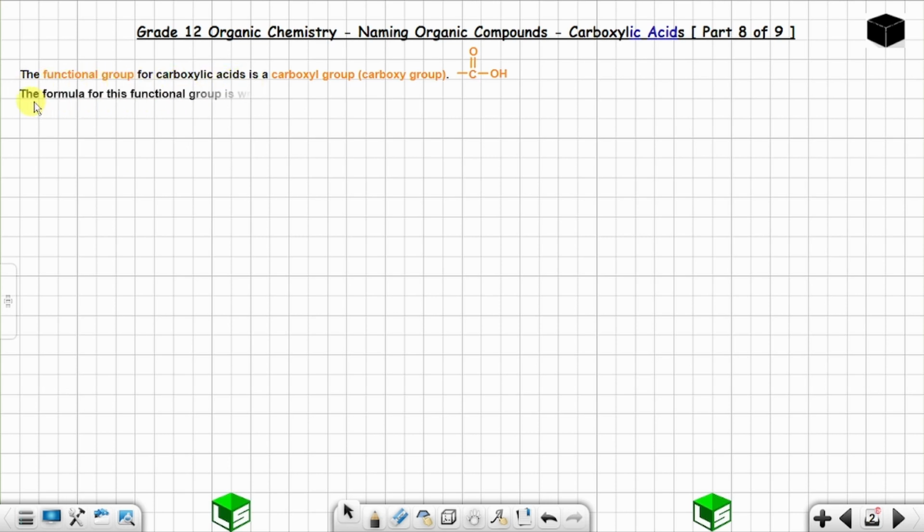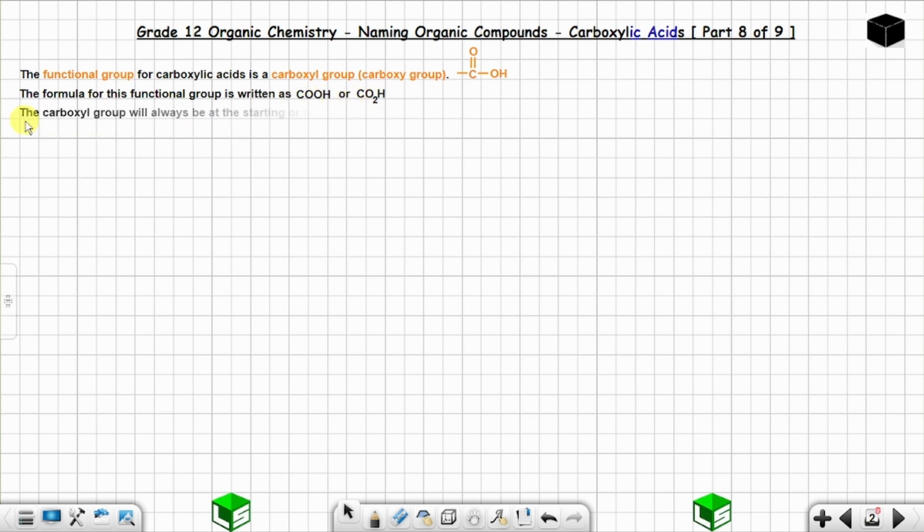The formula for this functional group is written as COOH or CO2H. It can be written like this or like this.